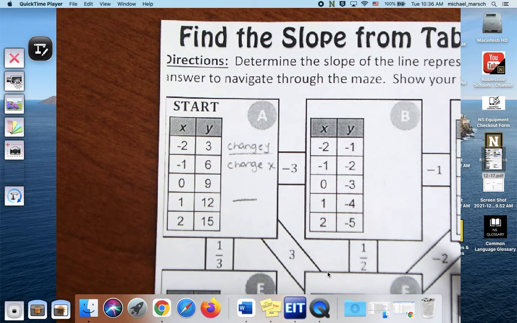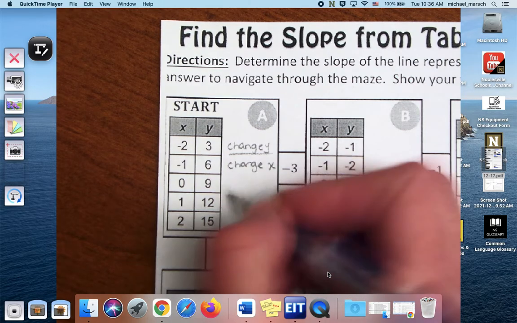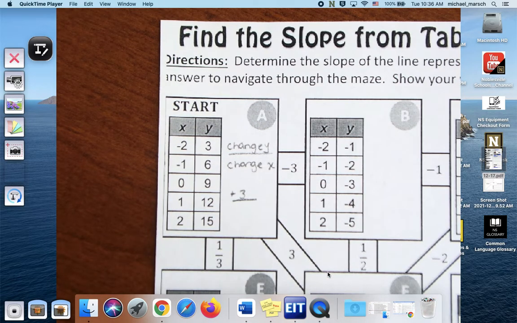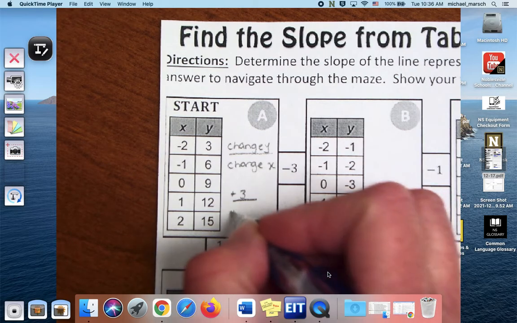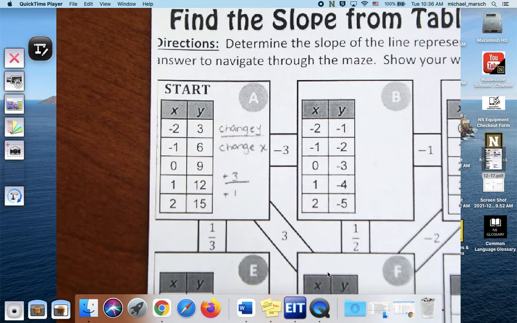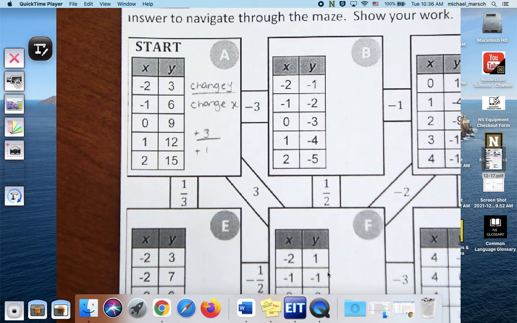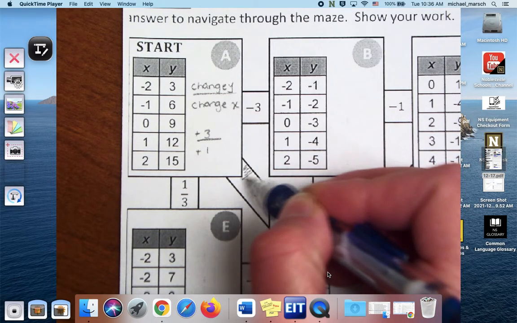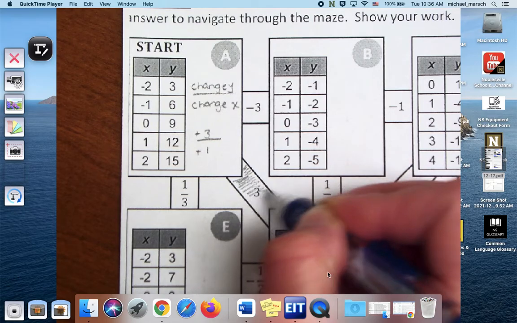So what's happening with the y values? Plus 3. And what's happening with my x values? Plus 1. So what will my slope be? Yep, it's just going to be +3. So then I would fill this in.